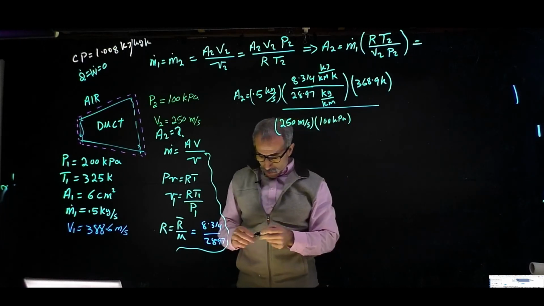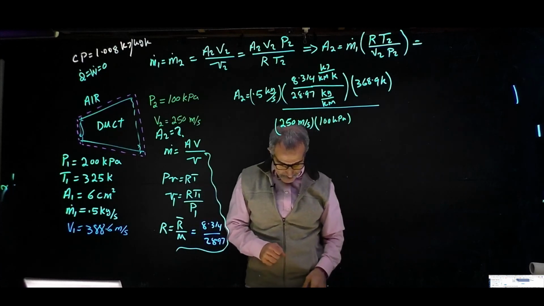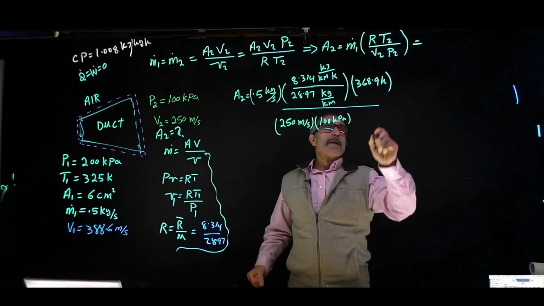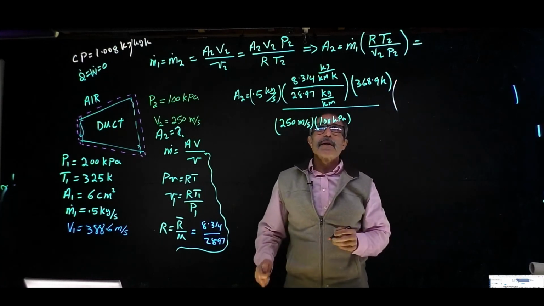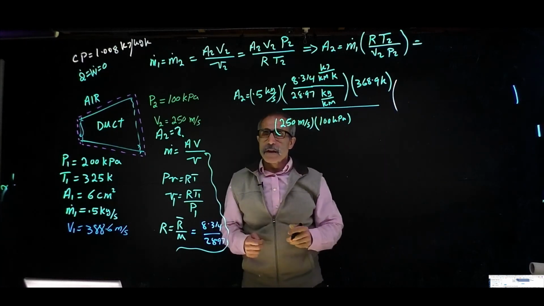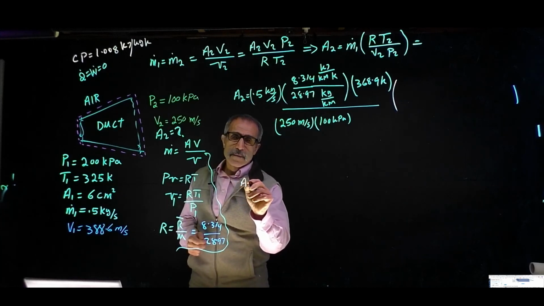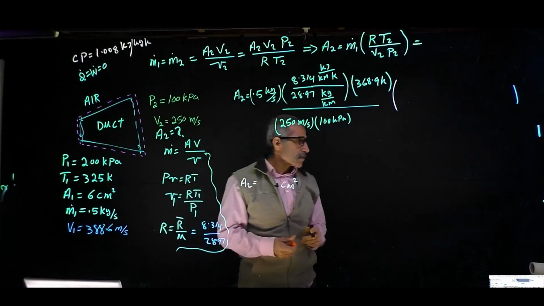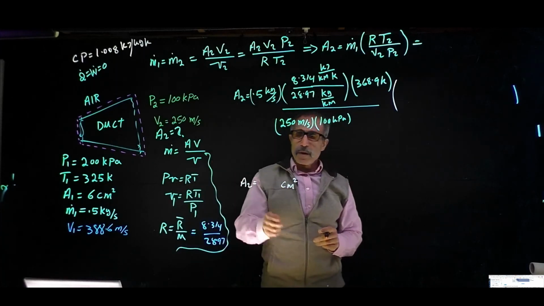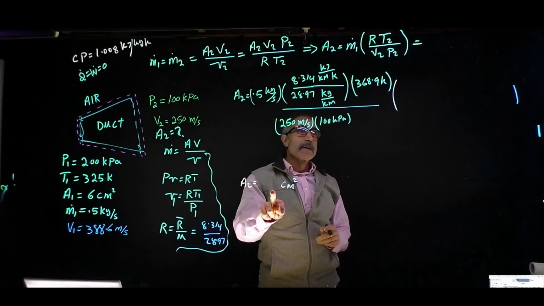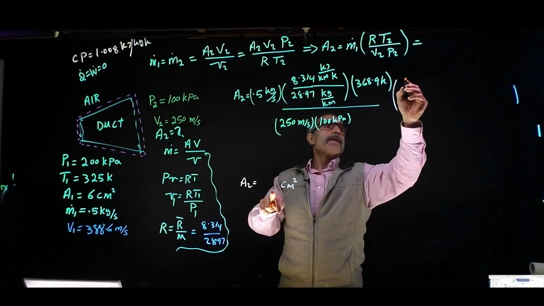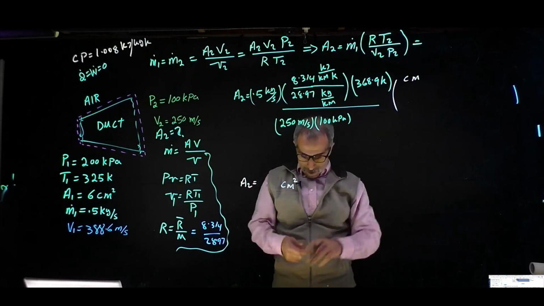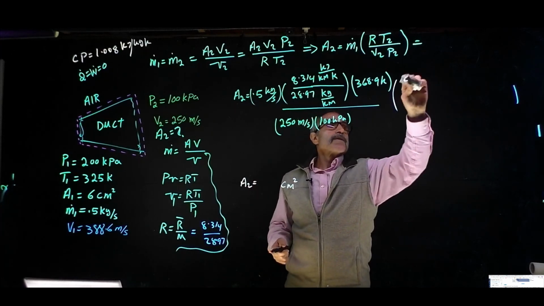So now we've got to do unit cleanup. The answer has to come out to centimeters squared. So first we're going to make centimeters squared, which means centimeter is going to be on top. That means 10,000 centimeter squared is 1 meter squared, just like last time.